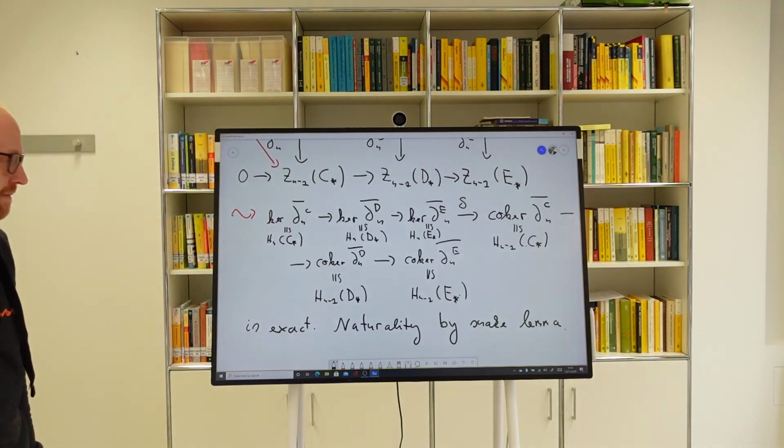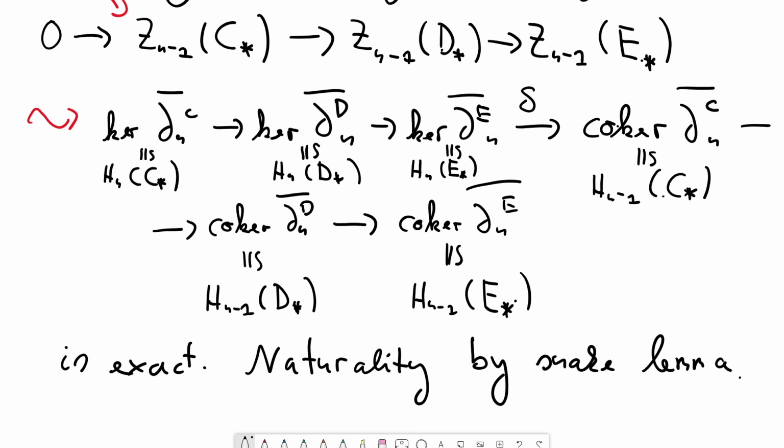And you can complete them to squares. Yeah, I mean, by definition, right? This arrow is this arrow. If you want to view this isomorphism as an honest isomorphism, then yes, it commutes with the map induced by the chain map.